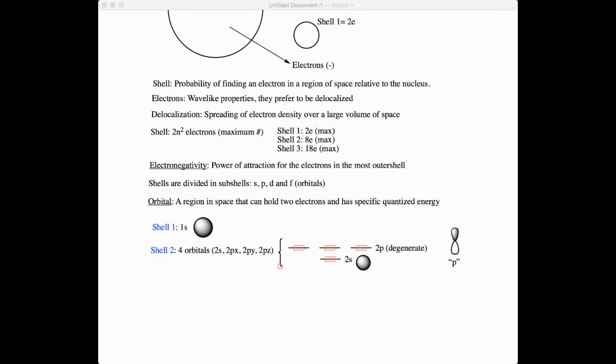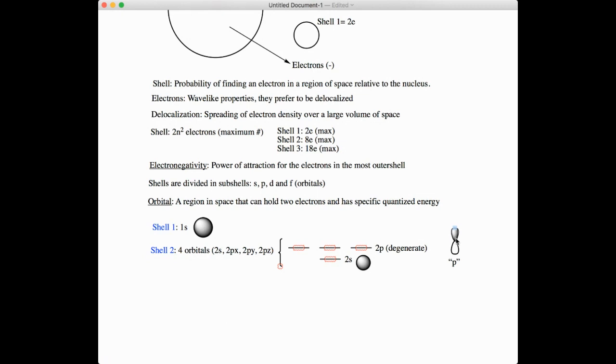A couple of things that I want to emphasize in regards to the p orbitals. The shading here, guys, some of these things might be a little bit confusing, so I'll be happy to answer any questions, but I'm going to say this once again slowly.